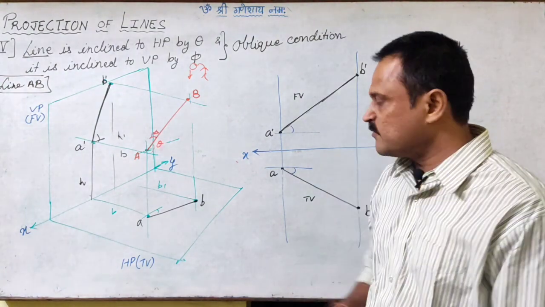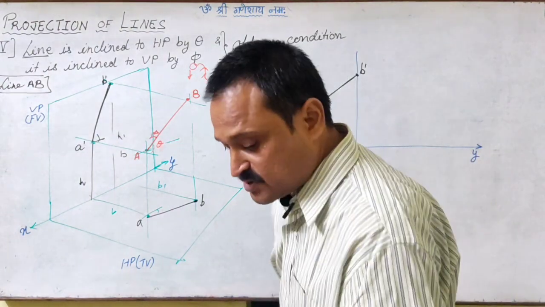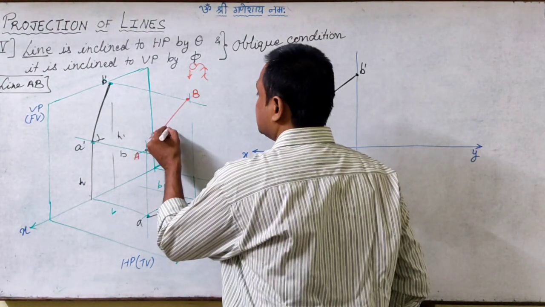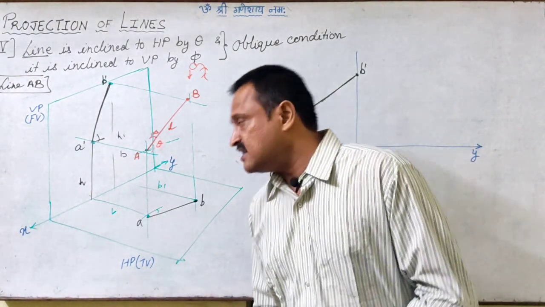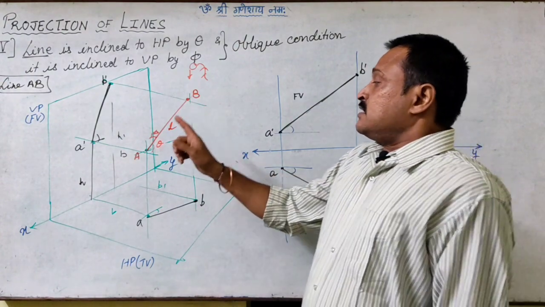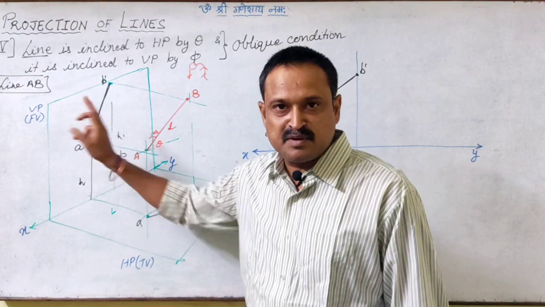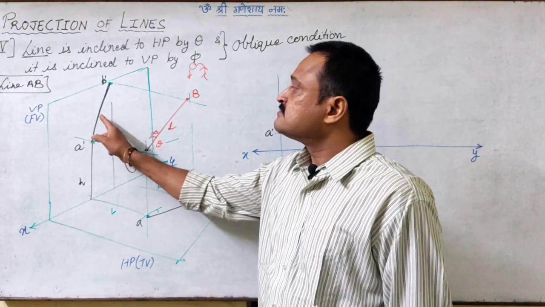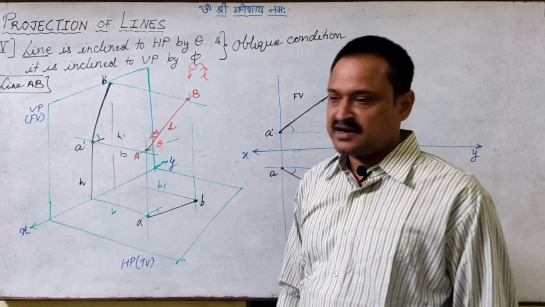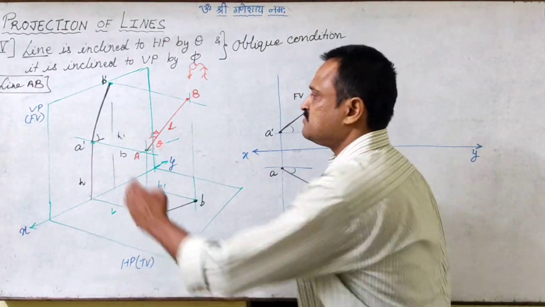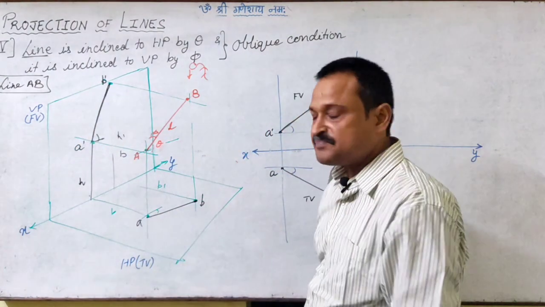Right? Now, again, let us talk about the length. If this is, say, AB of length L, now the image is on the vertical plane. That means the image is parallel to VP.